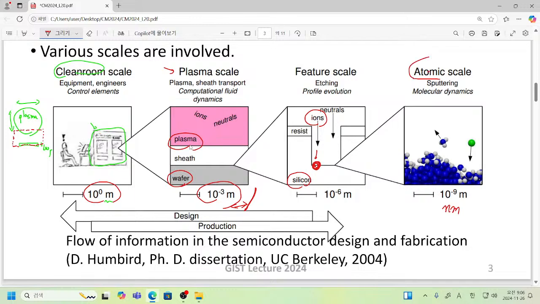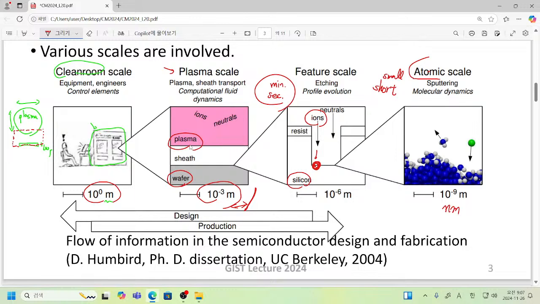The physical size is too small, and also the reaction time is too short. Although we are considering minutes or seconds of process time and micrometer scale features in this simulation, atomic scale consideration shows just a small part of the entire system. We can never perform atomistic scale simulation for feature scale.